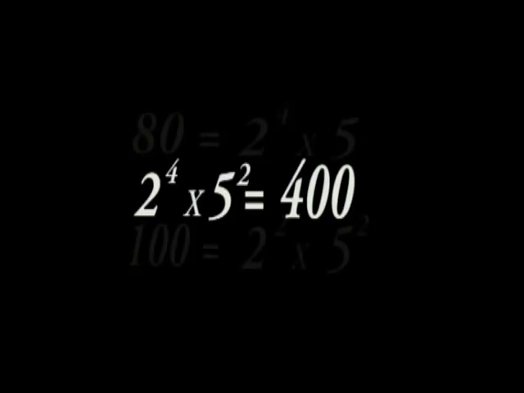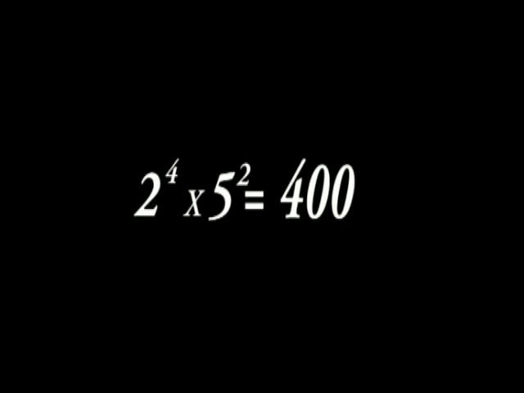The LCM following the same procedure will therefore be 2 raised to power 4 times 5 raised to power 2. Attempt as many questions as possible to ensure you differentiate between the two concepts, that is GCD and LCM.